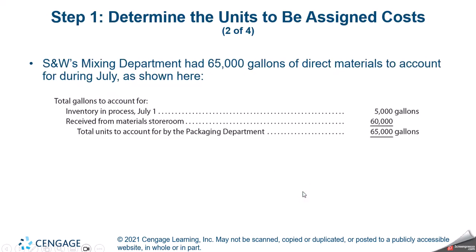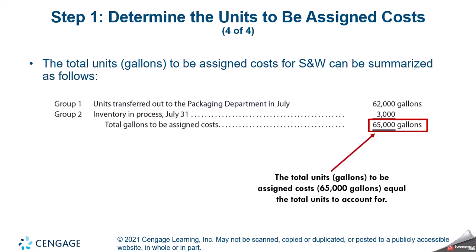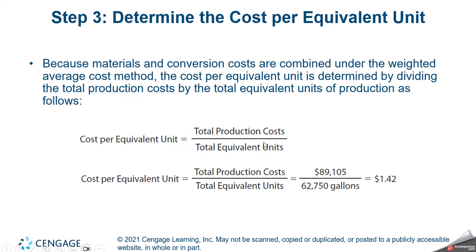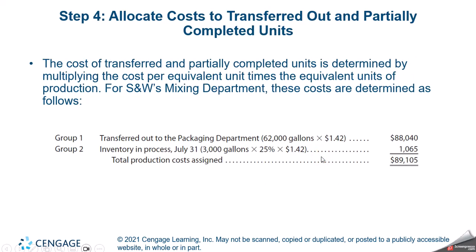If we've got 65,000 units to account for, and we have our equivalent units, again, saying that not all of those were completed in relationship to our conversion costs. We want to get to our total production costs and divide them by our equivalent units. That is going to give us our weighted average cost of $1.42. And then that's how we're going to value what product we have.